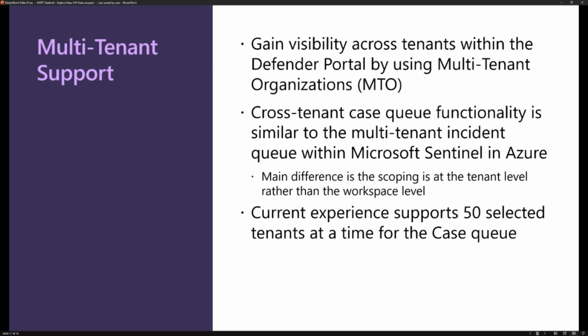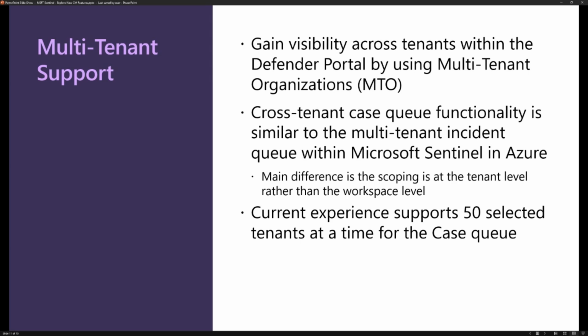The current consideration for this is a cap of 50 selected tenants at a time for the case queue. Should this be a challenge for organizations that have maybe more than 50 tenants, we are happy to hear the feedback. And you can always let either Ben or I know that this is a challenge. We are always open to hearing the feedback and have conversations.